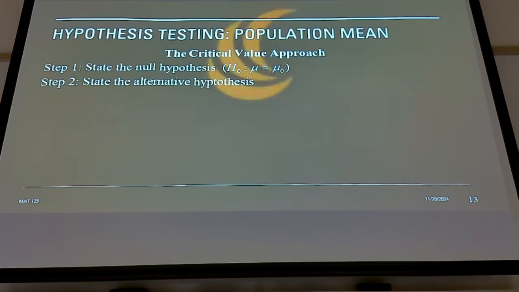Step 2 is to state the alternative hypothesis. And there are 3 of them. It's going to be in one of 3 forms. Either mu does not equal that value. This is a two-tailed test.